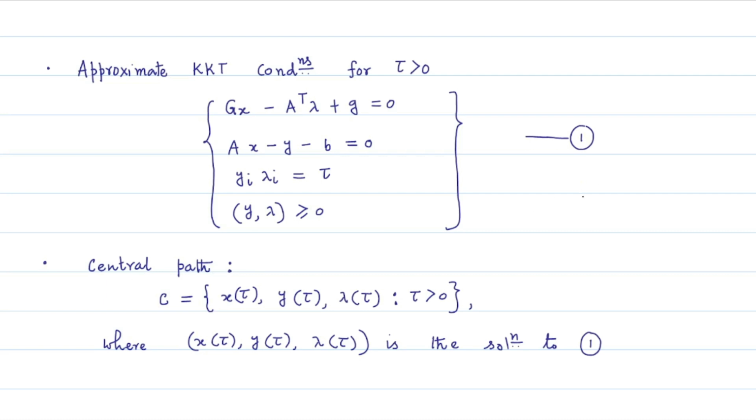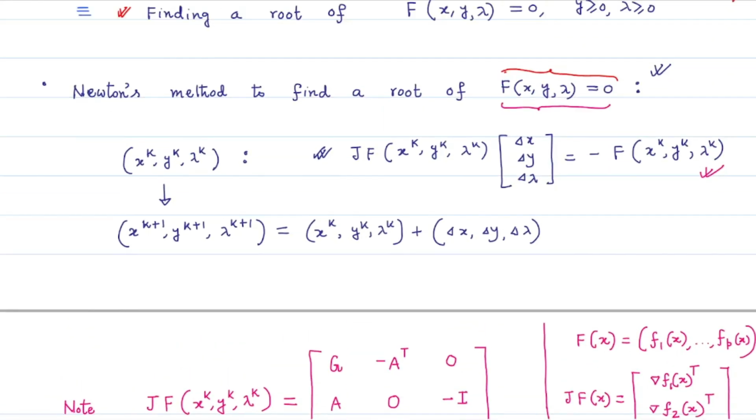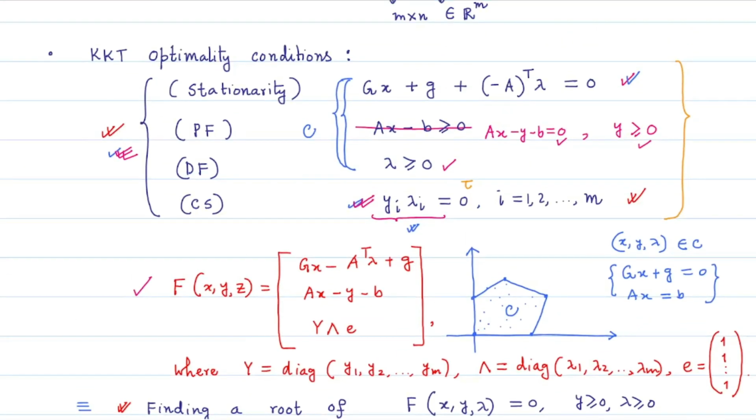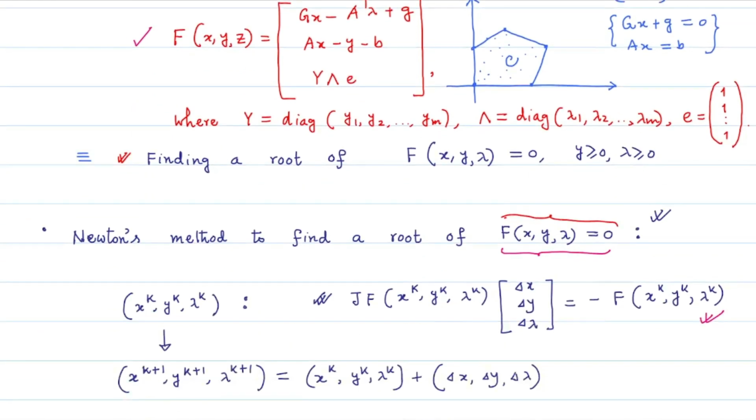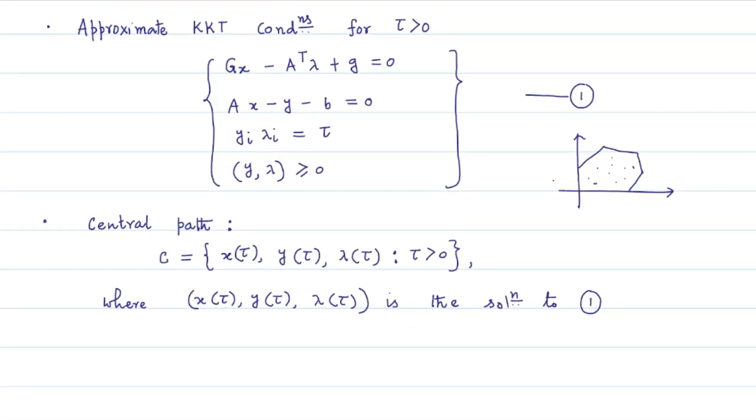The reason is as follows. We notice that the feasible set, the set capital C that we have drawn and figured out earlier, is given by a polytopic region, like let's suppose this region. I am now redrawing it in this figure.